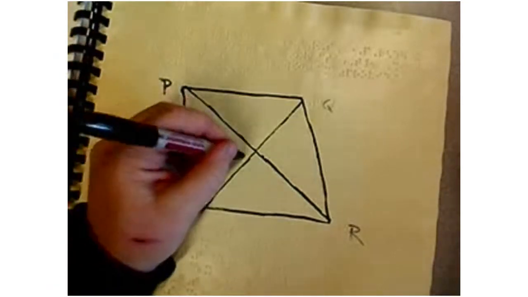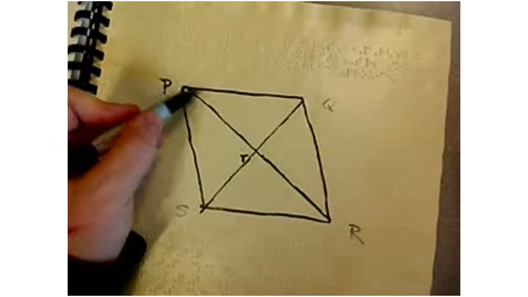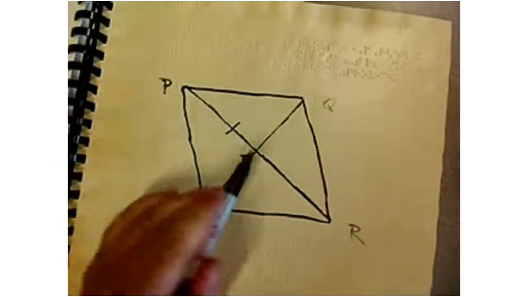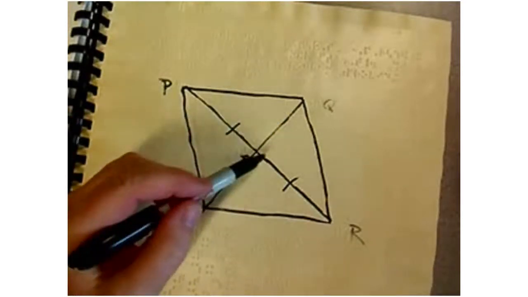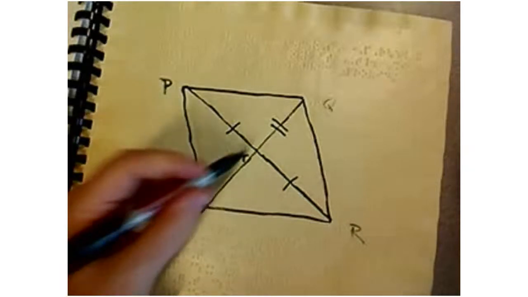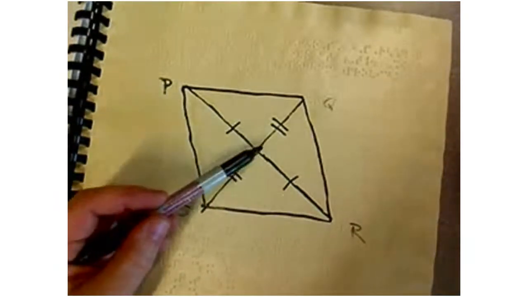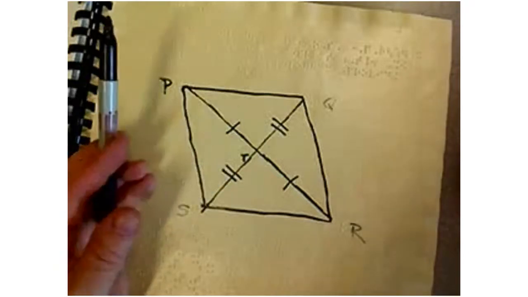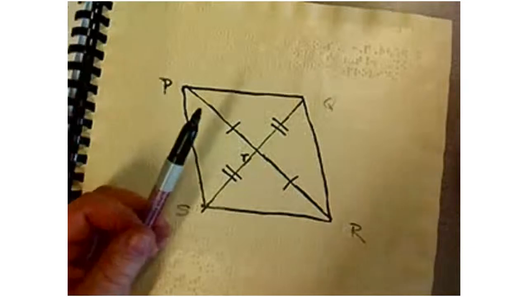They also show it bisecting at T in the middle, and from P to T there's a tick mark, and from T to R, there's a tick mark. And from Q to T, there's two tick marks, and from T to S, there's two tick marks. So that's showing that they bisect each other. That's showing congruency. Bisect means what? Divide in half. Dividing in half means we have equal parts, right?